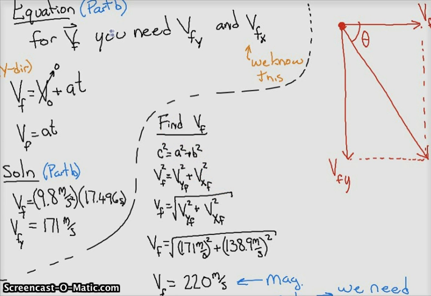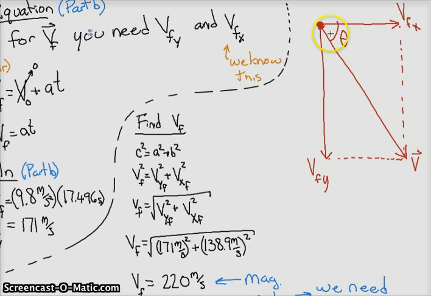Based on our picture, we know that these two vectors are at right angles to one another. It's the reason we chose the x and y direction in the first place, because they're at 90 degrees. We also know that they add together like vectors, and so we can use the Pythagorean theorem to find the magnitude of the vector.